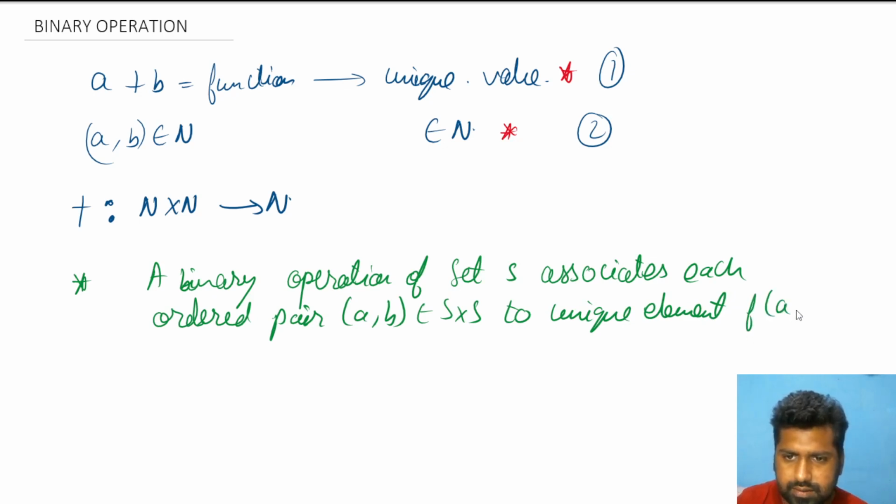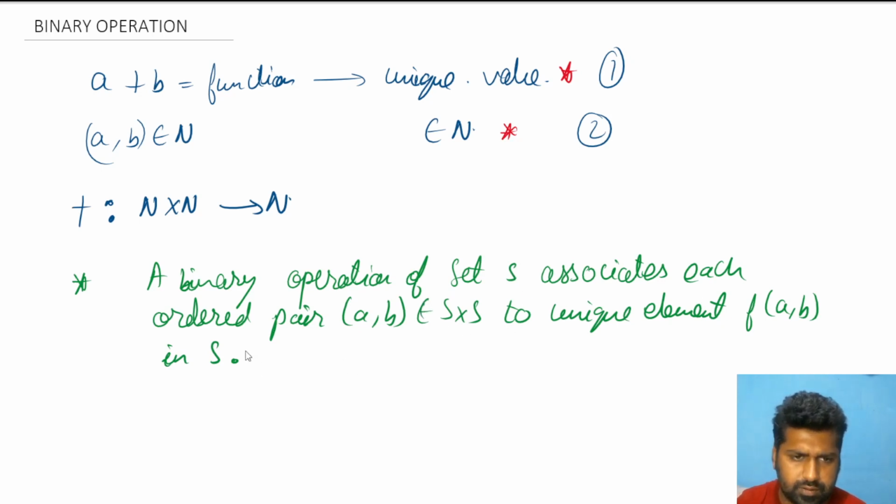We call that unique element f of a comma b. Some function is used between a and b, and we get a unique value, and it should also be in S, meaning it should belong to S.